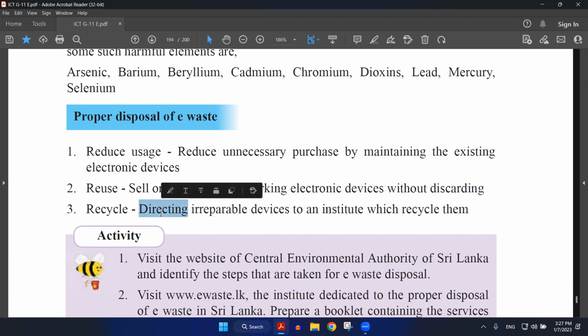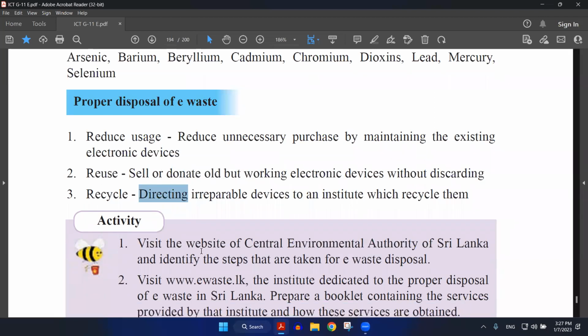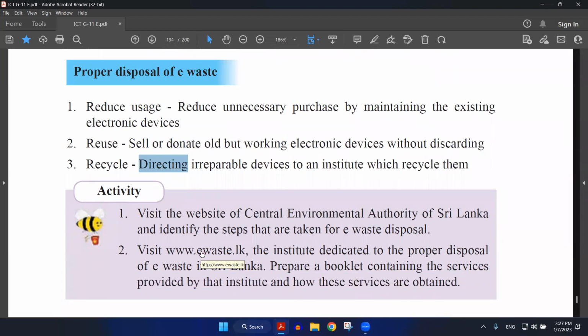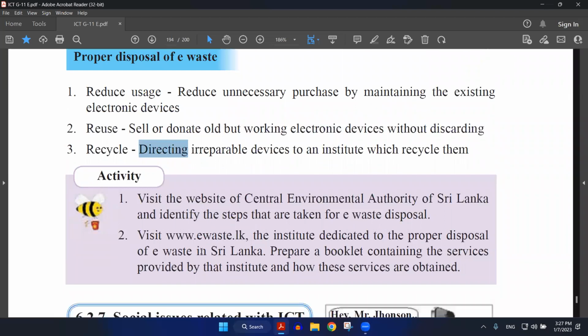But anyway, if you hand them over to a particular place, they will sort out the things and do the proper recycling, where the damaged or expired devices will be taken back into the production cycle at a certain point, right? So those are the things we can do when it comes to the proper disposal of e-waste.